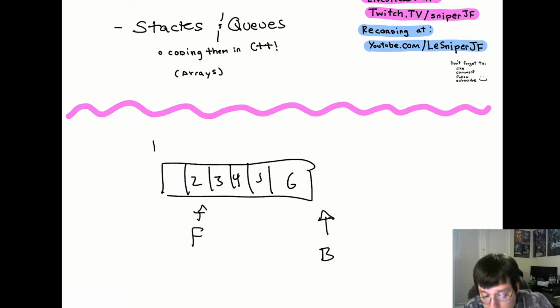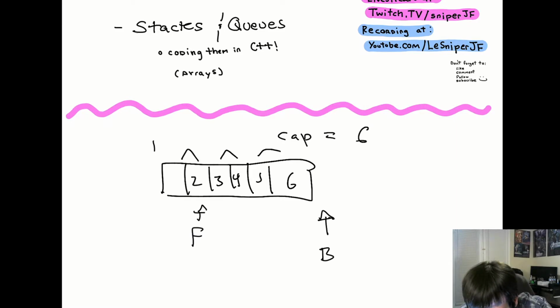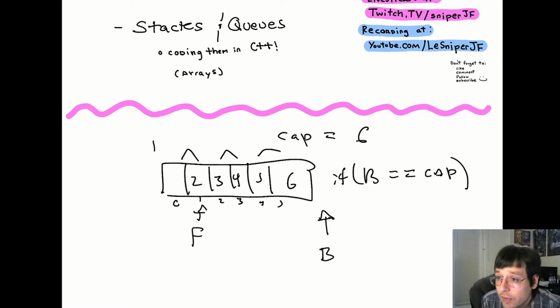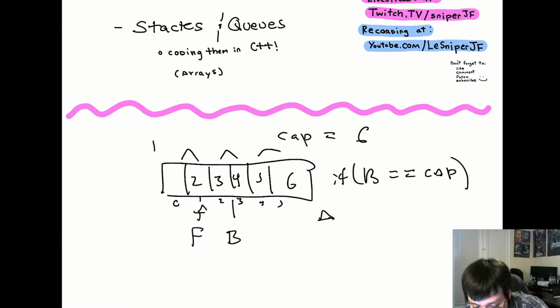So we're going to use modulus for that. We know the capacity is currently the size of this. So in this case, it would be 6. So this is index 0, 1, 2, 3, 4, 5. So we want to say when back is equal to capacity, then we want to either resize if the thing is actually full, or better yet, just do modulus so that it wraps around.